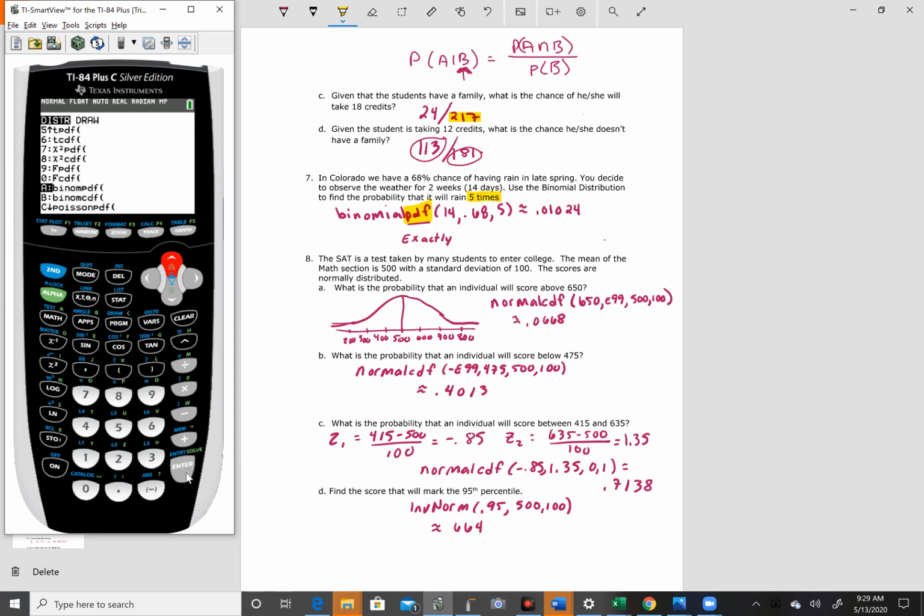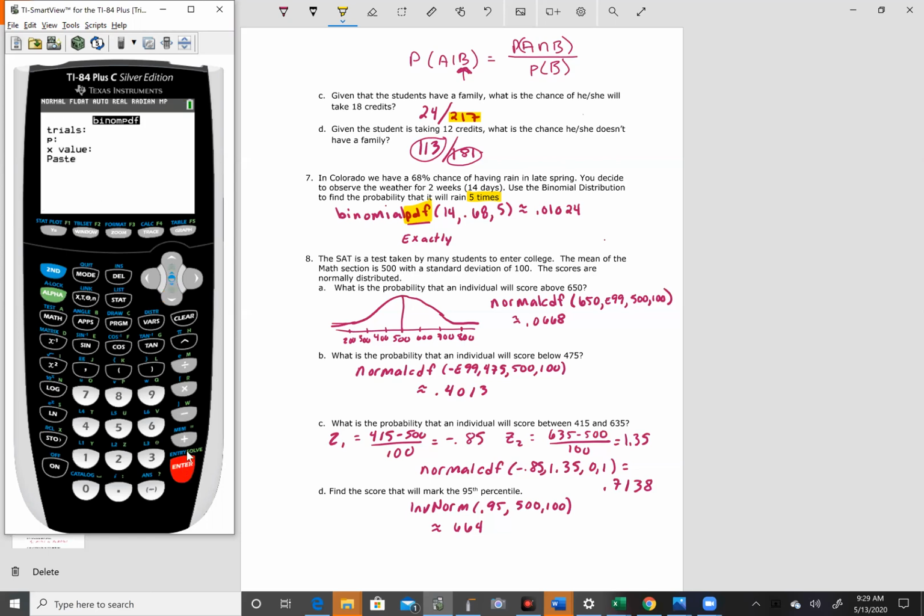Which on my calculator is A. And whoops, I've got to quit out of here first. Binomial PDF.